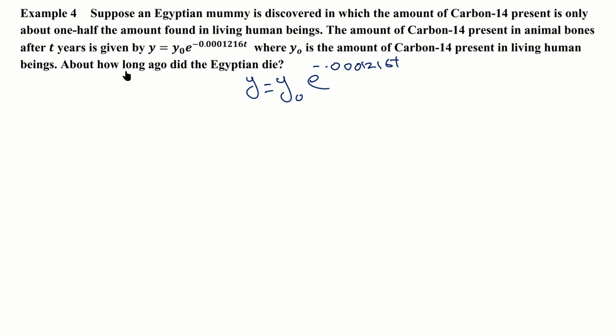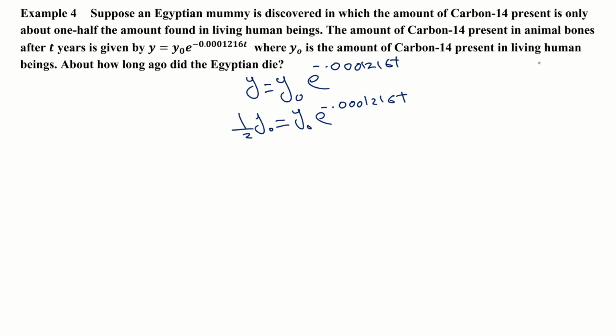And we're given that the y0 here is going to be the amount in present living human beings, right? So the amount for this particular mummy was half that. So 1/2 y0 equals y0 e to the negative 0.0001216 t, right?